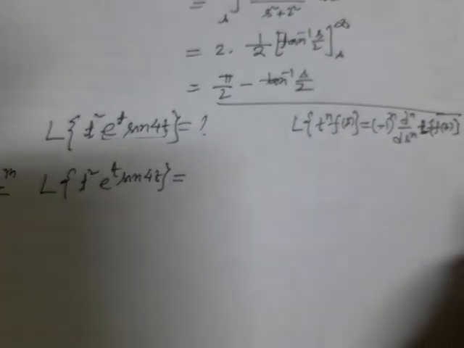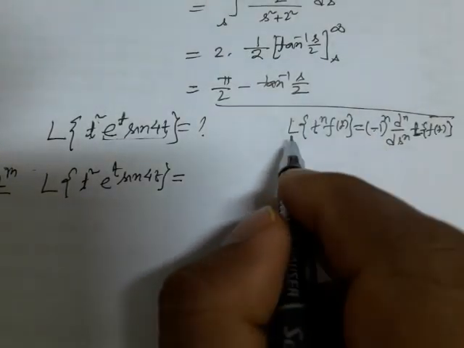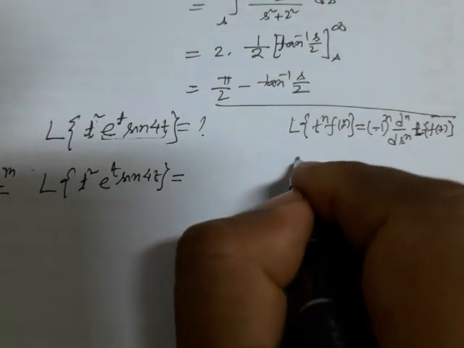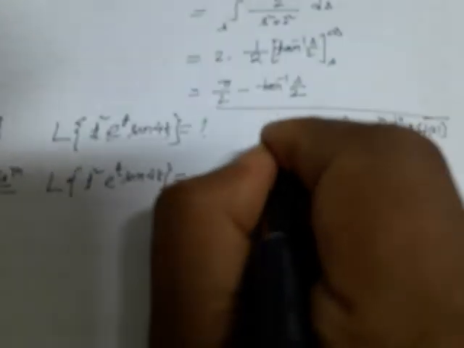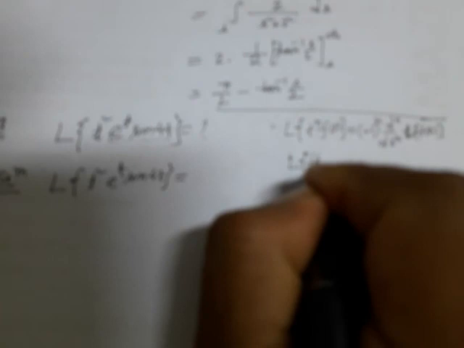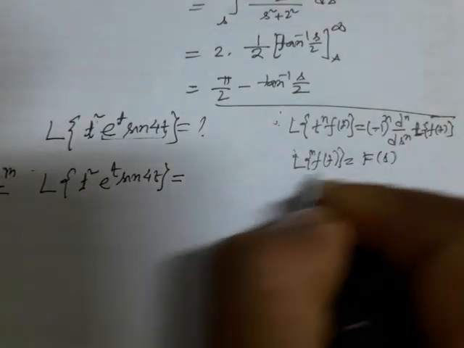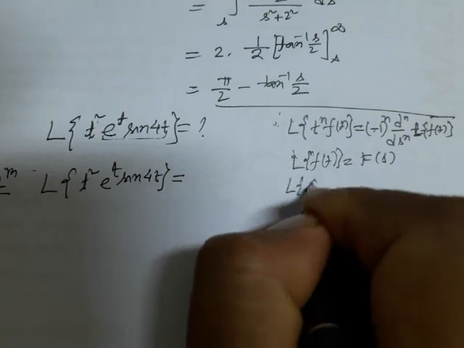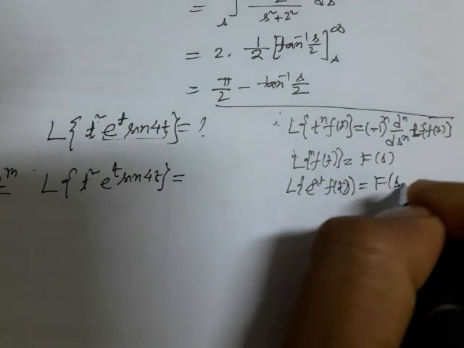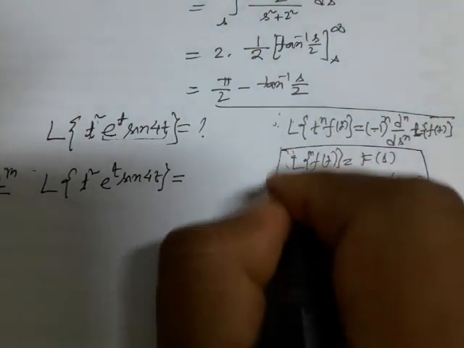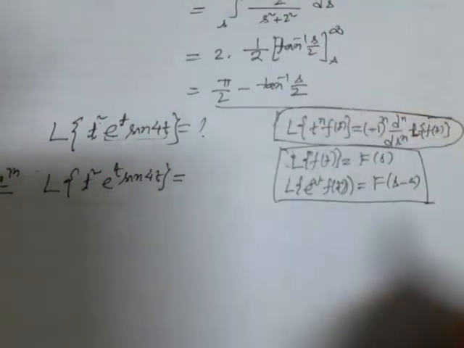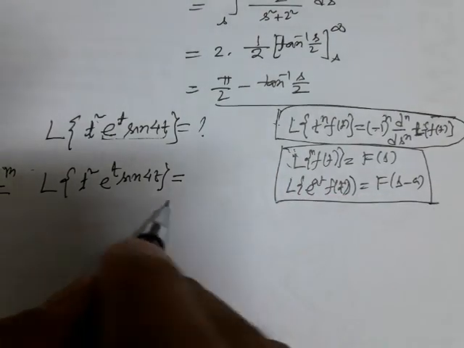So this is the formula for multiplication by t. And for first shifting theorem, what was the first shifting theorem? If L of f of t equal to f of s, then L of e to the power at f of t equal to f of s minus a. So this is called shifting theorem and this is called multiplication by t formula. These two formula we will apply here.